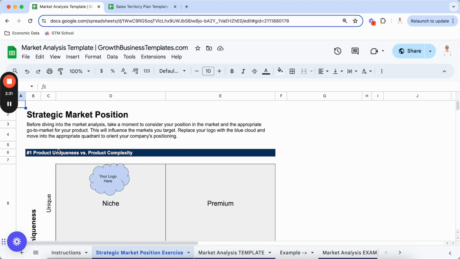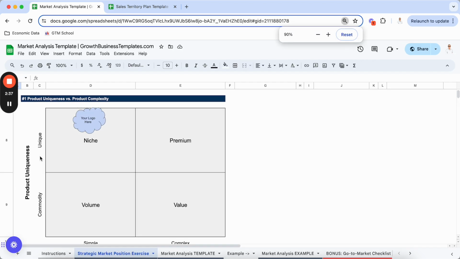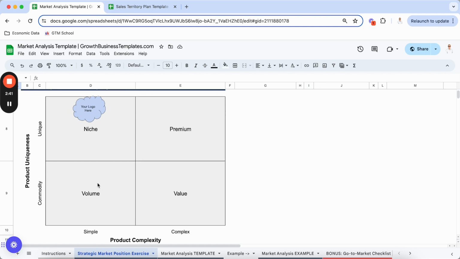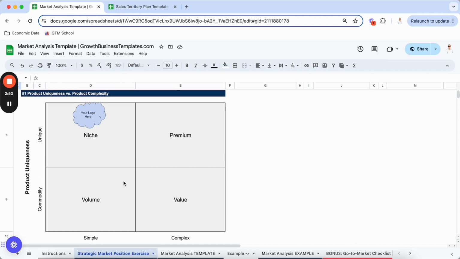So first thing here, when you think about how unique your product is versus the complexity, this actually determines how you position your product in the market, how you price your product, how you go to market, and I'll go through each of these in detail. It informs your decisions. So you want to go through this.